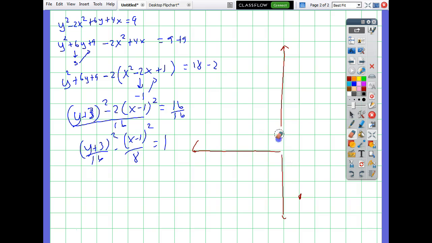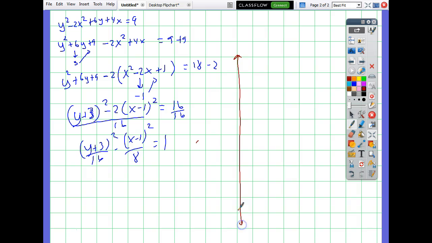All right, let's erase it. All right, so I've got 1, negative 3 right here. Y is first, so reversing these, it's going to be 4 to the left and right.